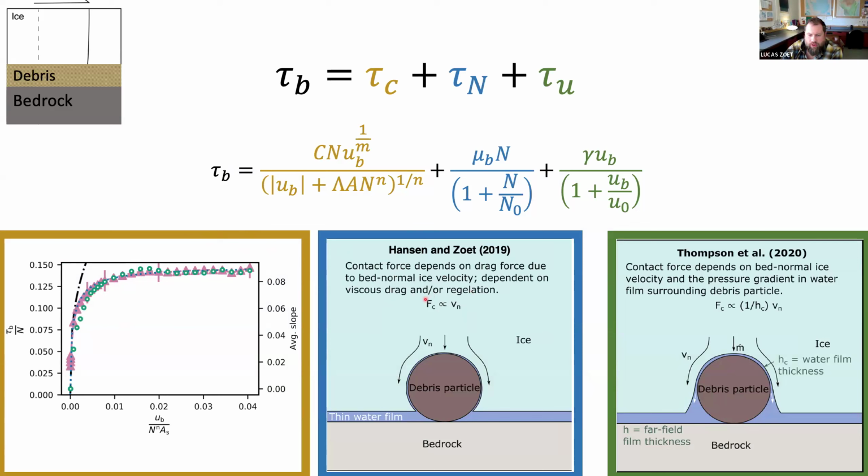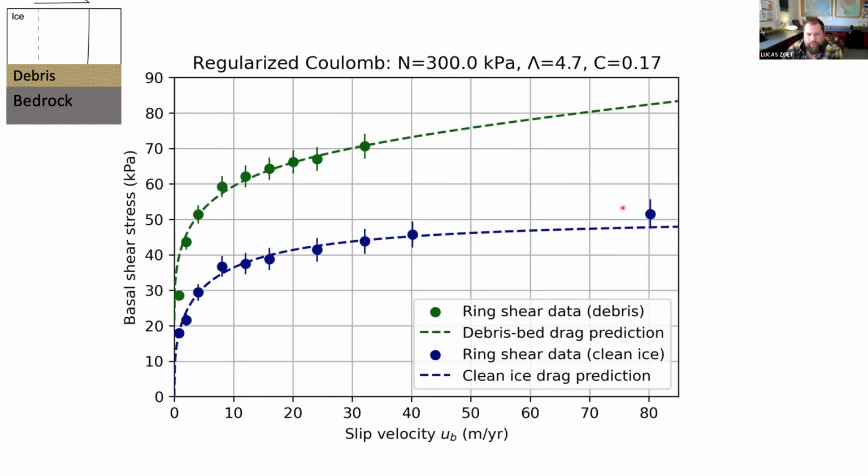We have this component that's related to the effective stress, and we have this other component that's related to the vertical velocity. And this one is important, right? It's important in particular because it has a velocity dependence on it, right? It changes the form of the function from something that would be just regularized Coulomb.